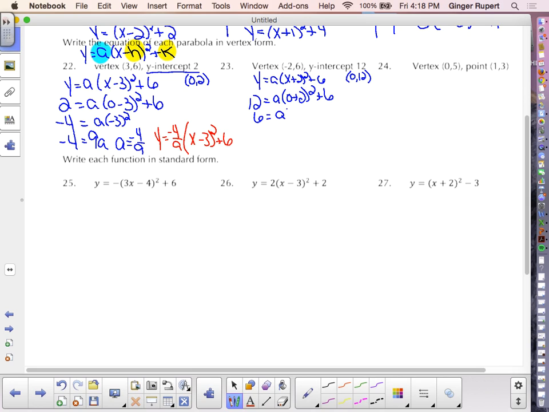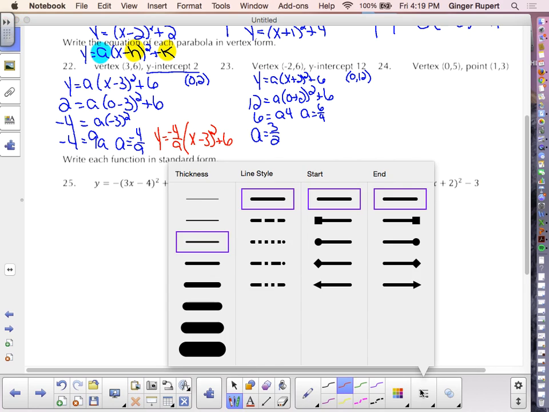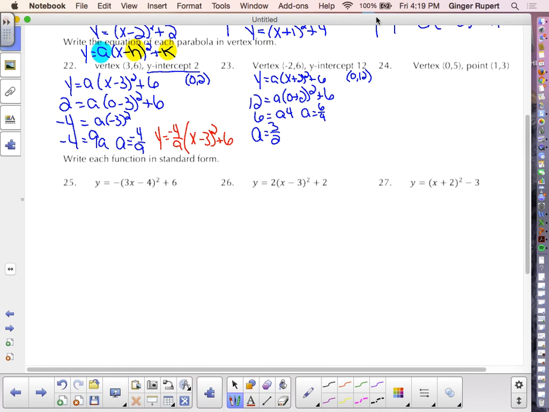A times 4, or 4a. That's going to give me a value of a equal to 3/2, because a is going to be 6/4, so we can reduce that. Then I'm going to go ahead, substitute the value of a that I have and the vertex into the general form of the equation. So y is equal to 3/2 times (x plus 2) squared plus 6.